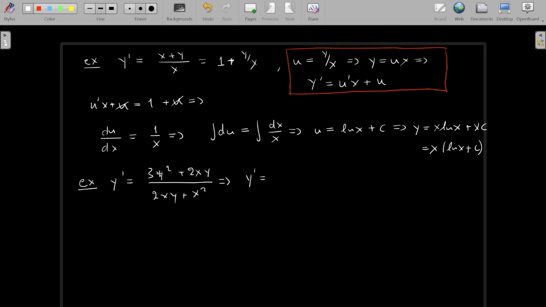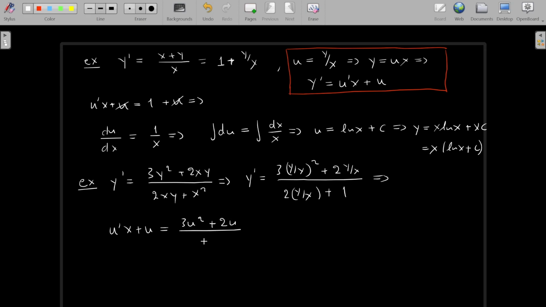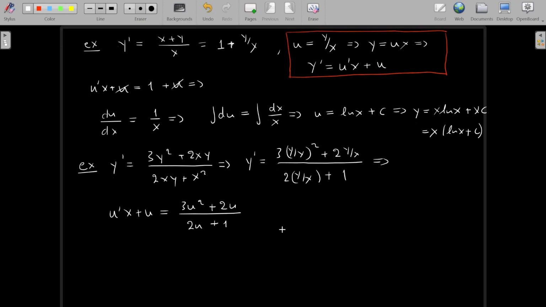This is 3 (y over x) squared plus 2 (y over x) over 2 (y over x) plus 1, and everything here is a u, so y prime, which is u prime x plus u, is equal to (3 u squared plus 2u) over (2u plus 1), right?